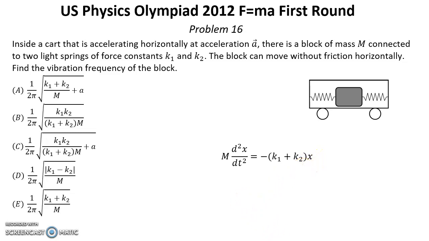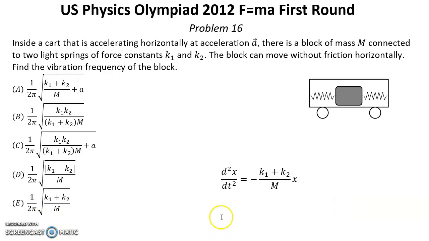So we can rewrite this equation in this form, and this form corresponds exactly to the form of harmonic oscillation. We know that the angular frequency for this motion we can get from this coefficient, that will be omega squared. It means that the frequency equals this one, which is answer E.